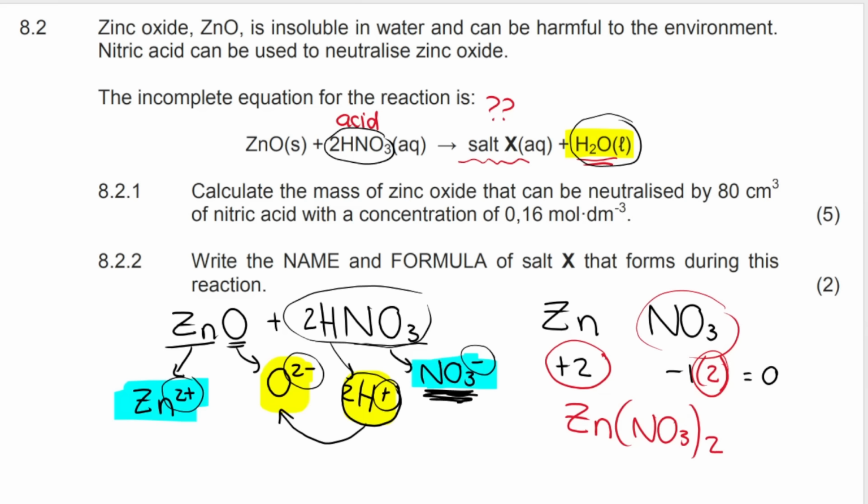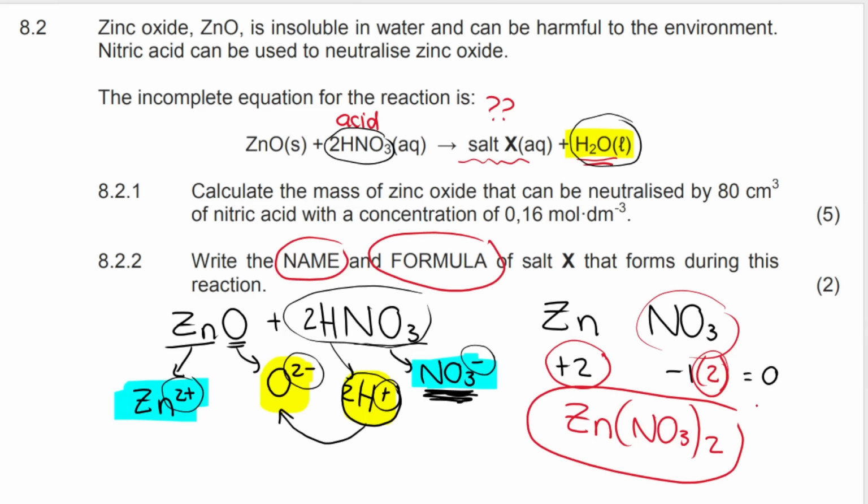So it's very, very important that you go over this carefully and understand. So read the question again, write down the name and formula. This is the formula. So we've done one part of the answer. We've written down the formula. What is this thing's name? This thing's name is zinc. Zn is zinc. And NO3 is nitrate. Very, very important that you read your question carefully so you can get the name and the formula.